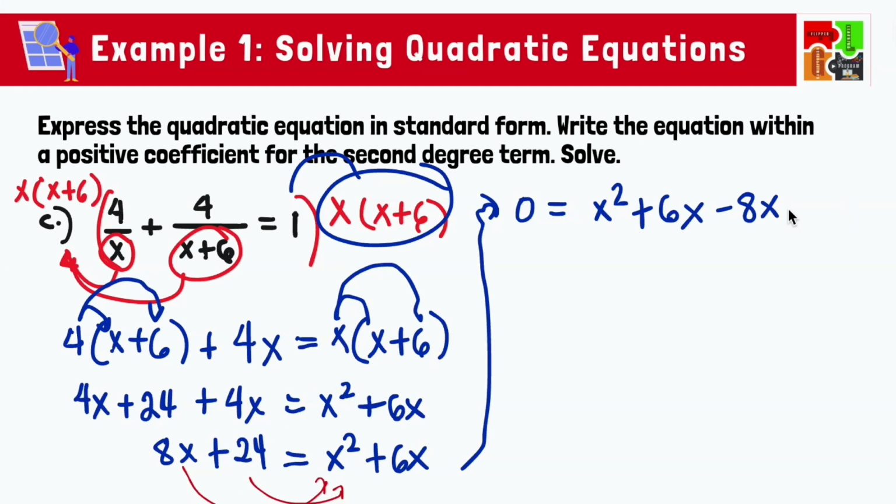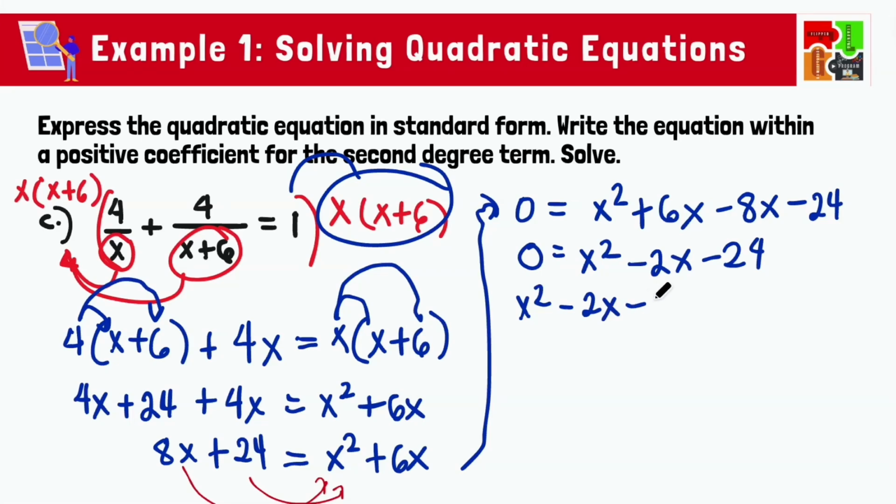Ito ay positive din, magiging negative 24. Okay, then we simplify them. We have x squared here, 6x minus 8x, that should give us negative 2x. Also, we have negative 24 here. Equals 0. And we can swap them, no? Dito si 0 sa right hand side, dito naman yung equation natin sa left hand side. Equals 0. Then we could have our standard form.